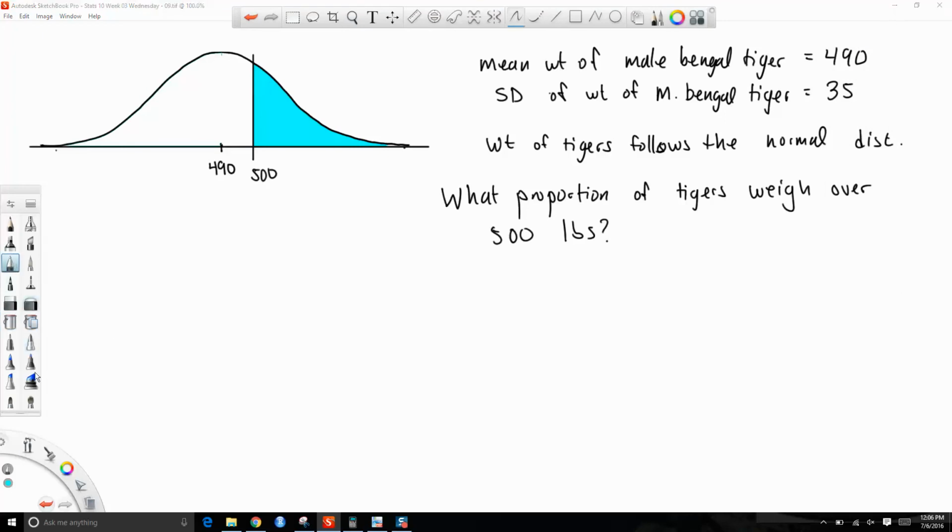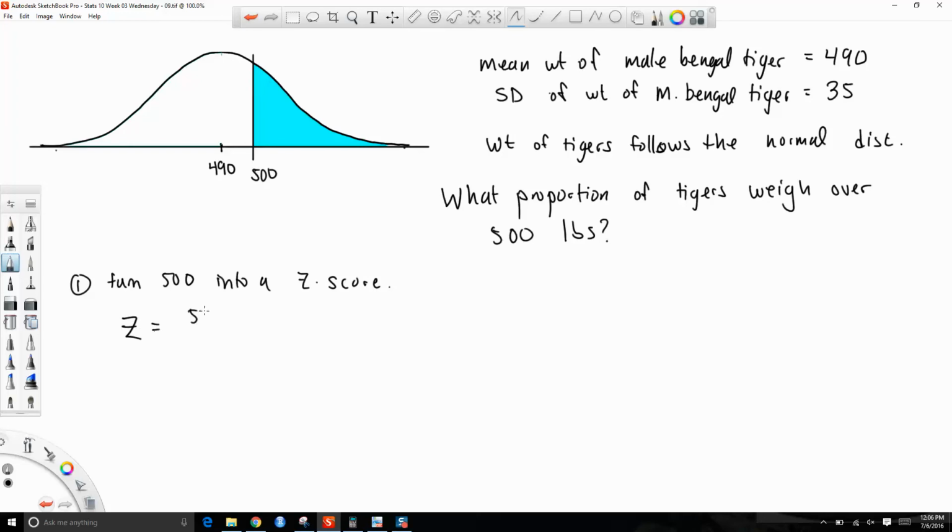So what do you think the first thing we need to do is? We've got to turn 500 into a z-score. The first thing is to turn 500, the weight in question, into a z-score.